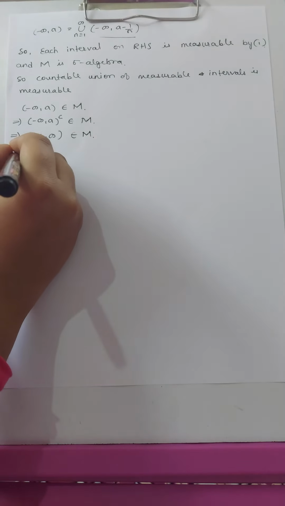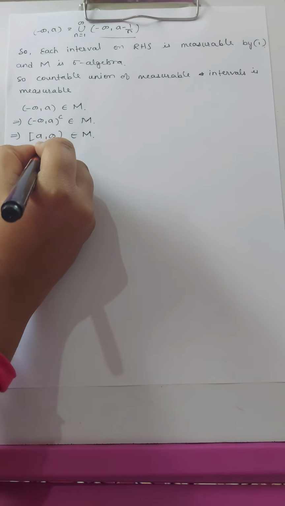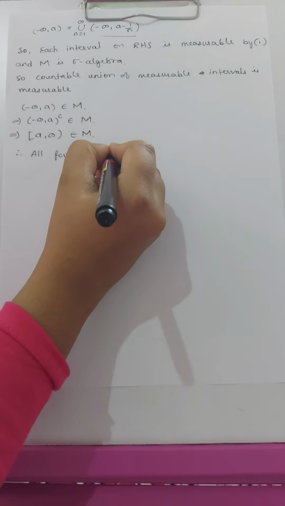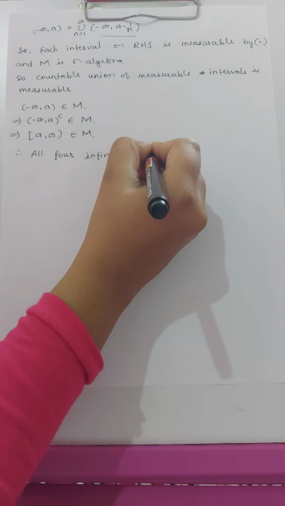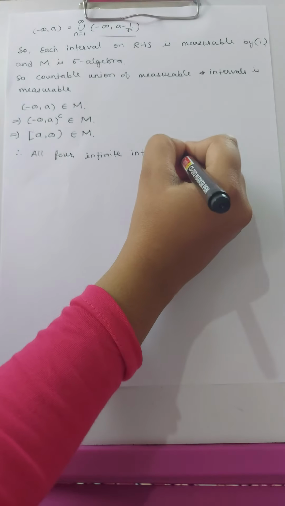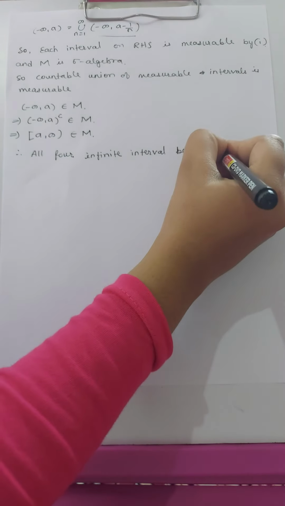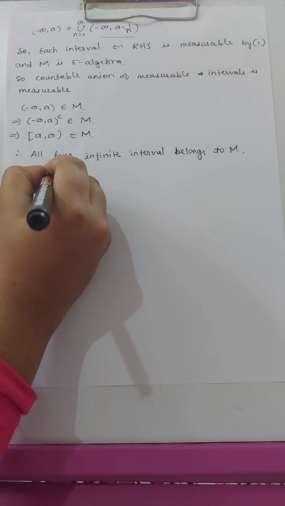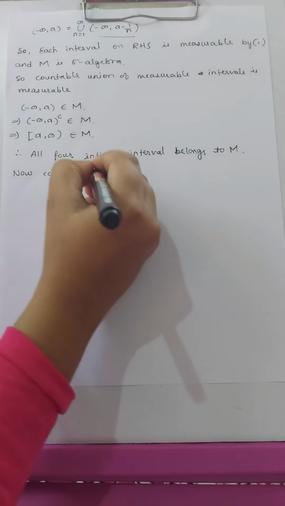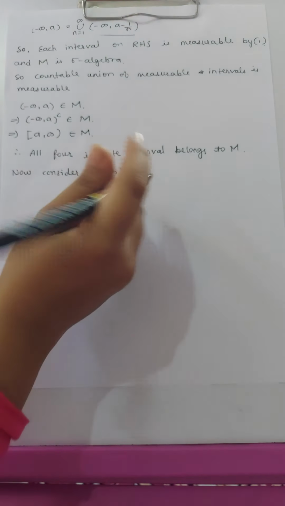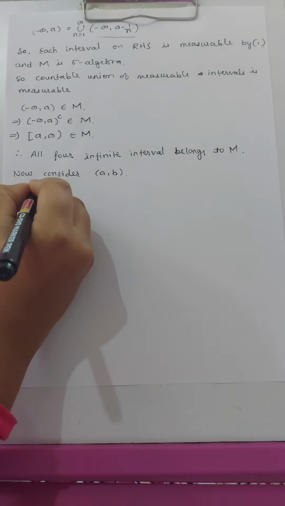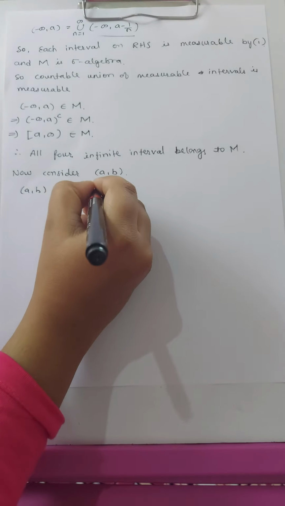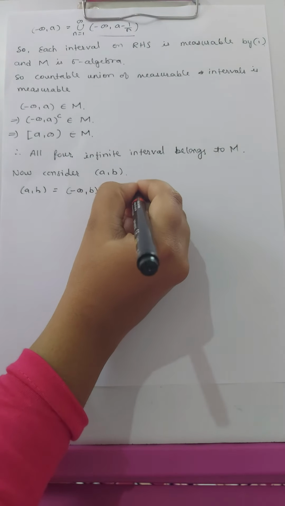So therefore all 4 infinite intervals belong to M. Now we consider an interval (a, b). This interval (a, b) can be written as the intersection of 2 infinite intervals, that is (minus infinity, b) intersection (a, infinity).